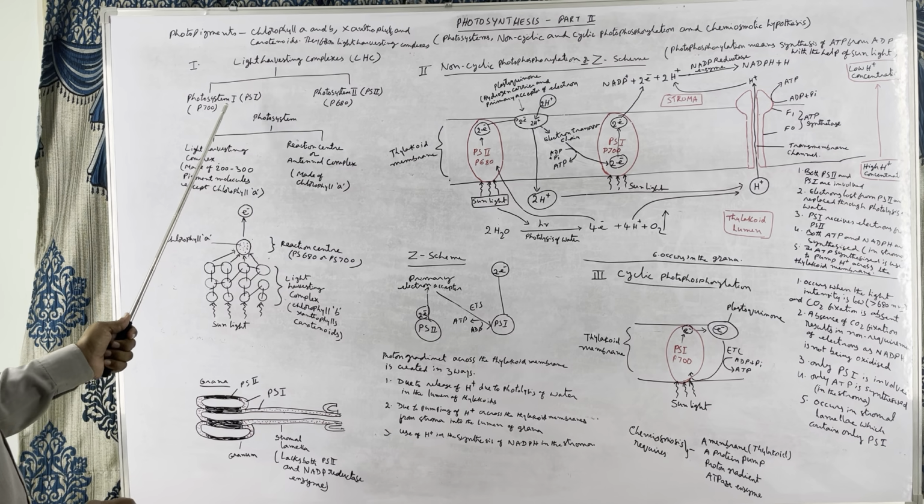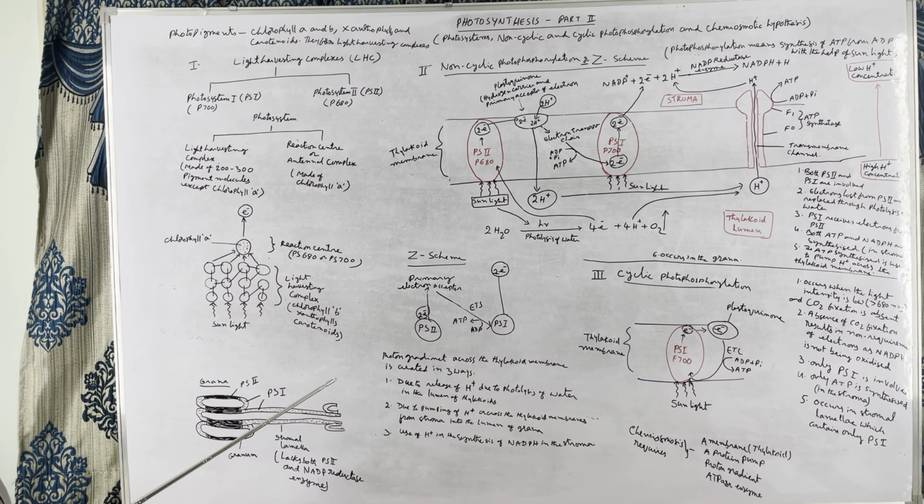Now, let us see where these photosystem 1 and 2 are present. Here I have drawn thylakoid membranes. This is one granum, this is another granum. This is the thylakoid membrane. Here, 2 grana are joined by stromal lamellae. The stromal lamellae contain only PS1.